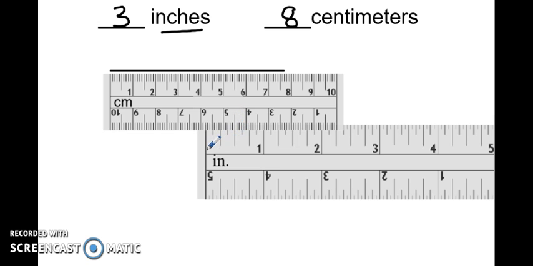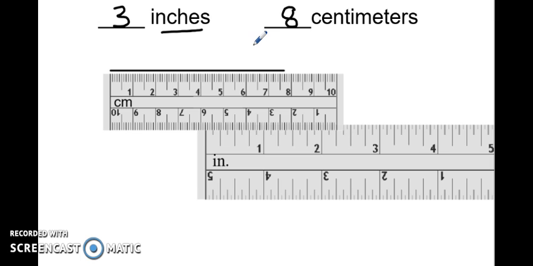If you look and compare an inch to a centimeter, we can clearly see that the centimeters are smaller units. There is less space between each of the numbers. The inches are longer or bigger units. There is more space between each of the numbers.